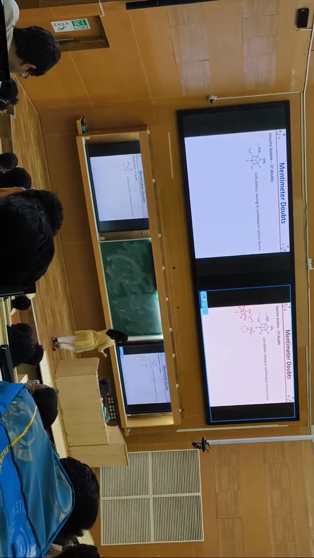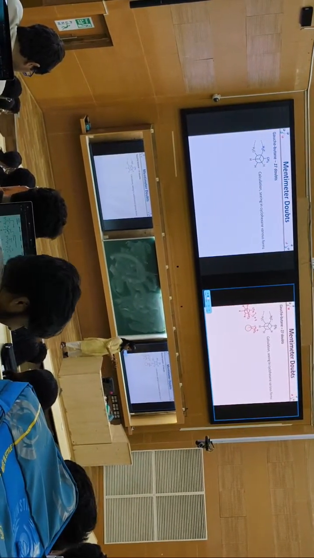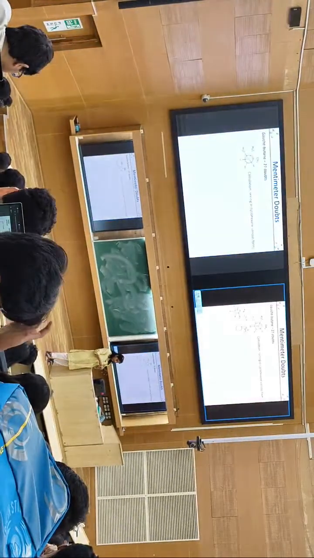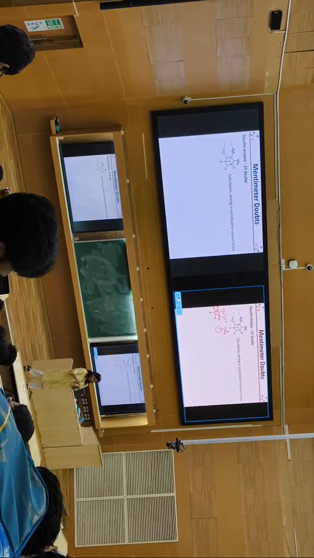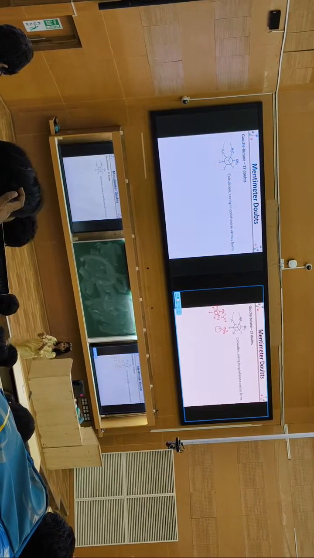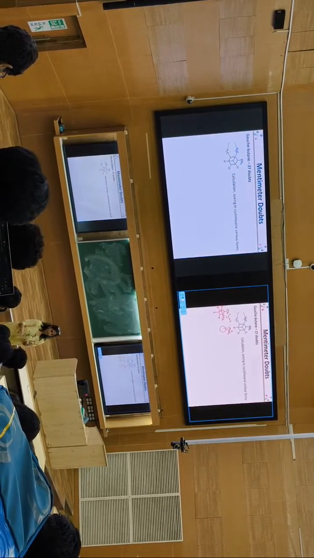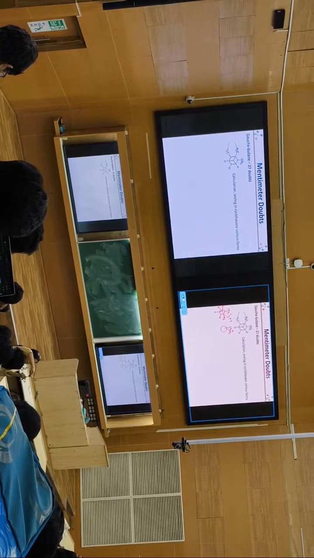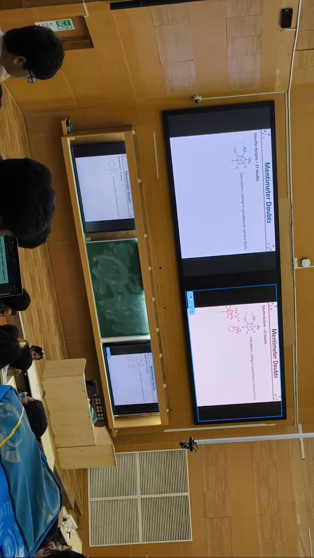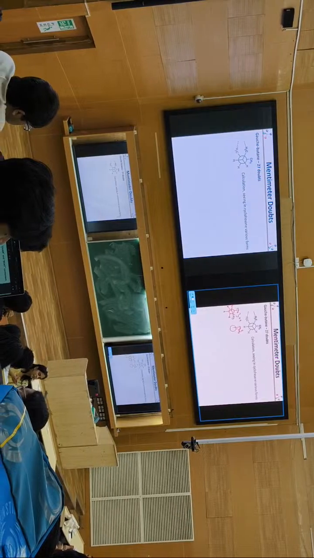Now in cyclic systems, what happens is that once you have a substituent, so once you have a methyl group, it can still rotate. Parts of the ring cannot rotate.